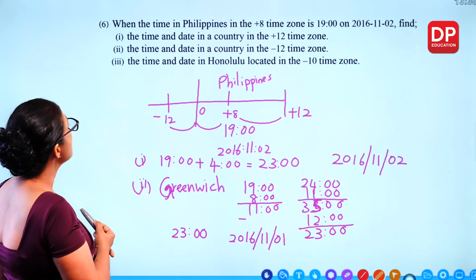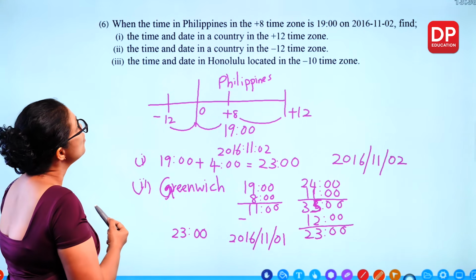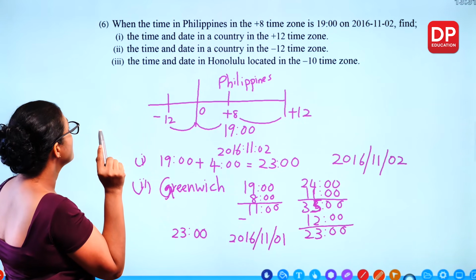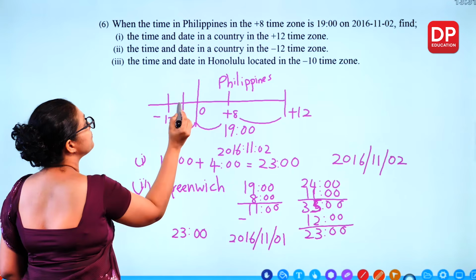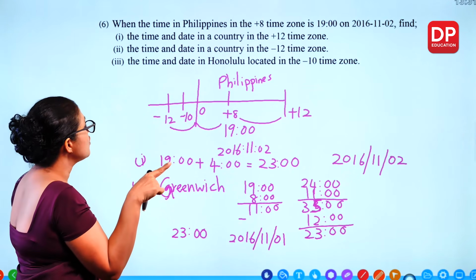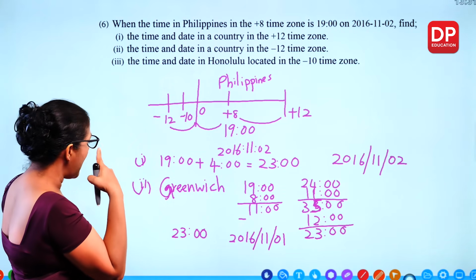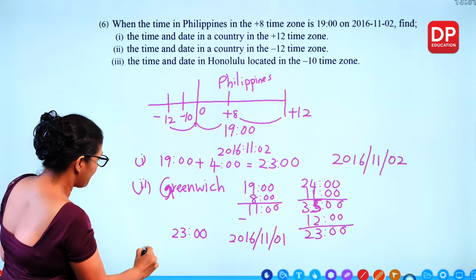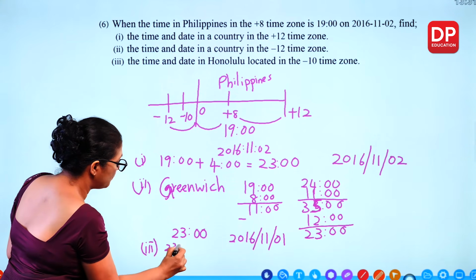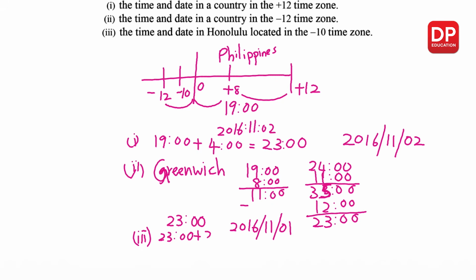Third part, the time and the date in Honolulu, located in the -10 time zone. -10 is here. So that means 2 hours adding to the previous time. So we'll add 2 hours to this one. 23 plus 2, you get 25. 25 means 1 in the morning.